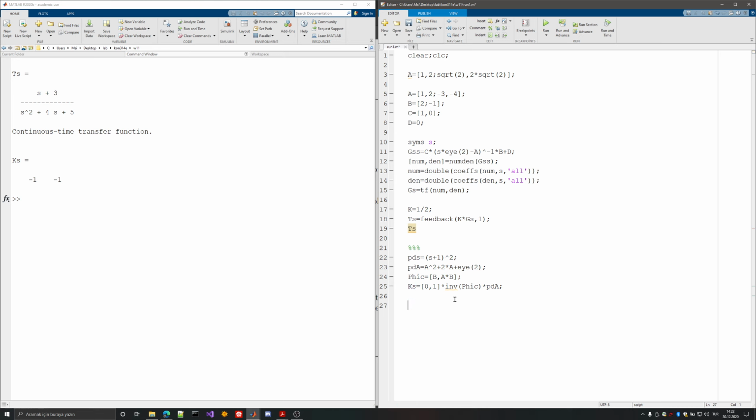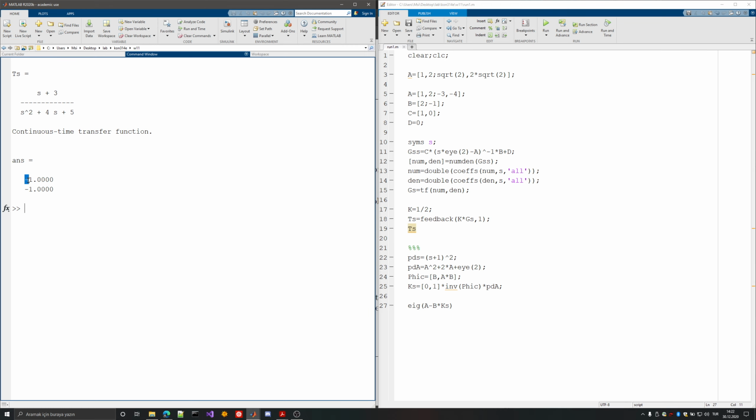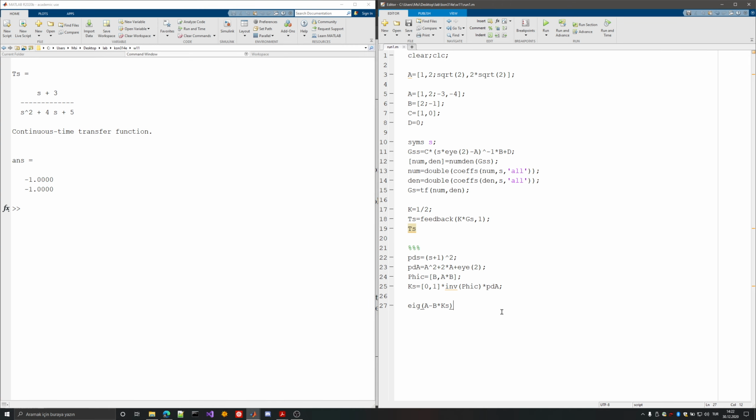So let's also look for the closed loop here. The closed loop is, by the way, A minus B times K, s here. And you can see that these poles are assigned as we want them to. Now, where does it come from? Well, basically, you have x dot equals Ax plus Bu, but u is minus Kx, so minus Kx is here, so they will be summed because they both depend on x.